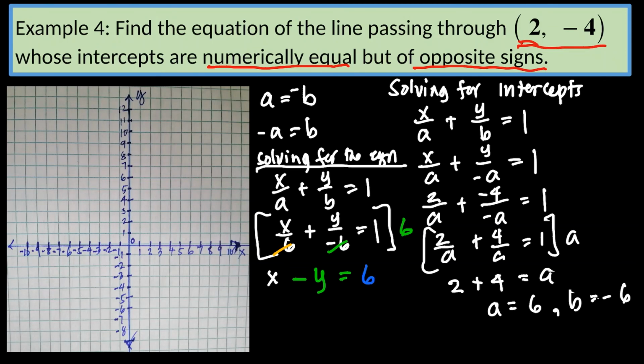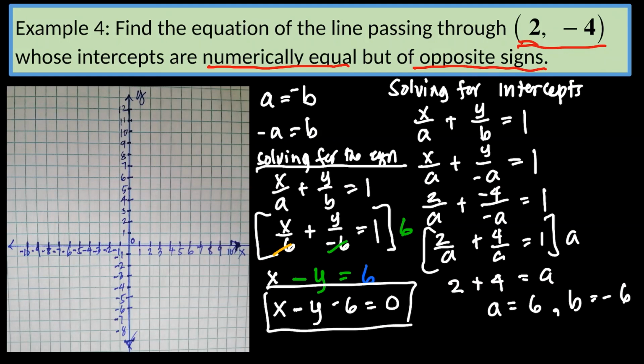Okay, so simplifying further or expressing this in general form, this will give us x minus y minus 6 equals 0. Alright, so this is the equation of the line.